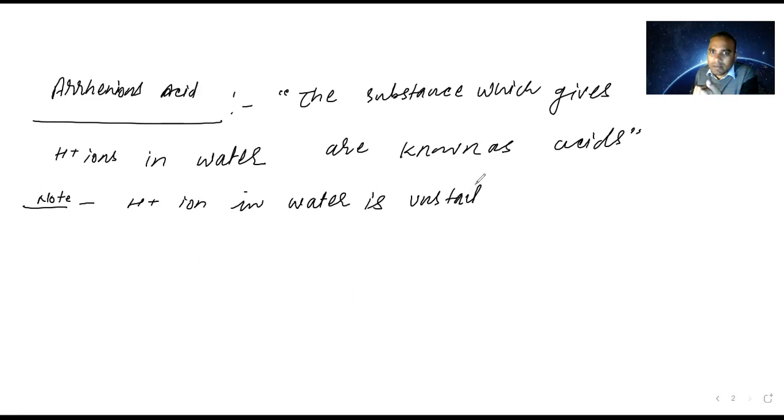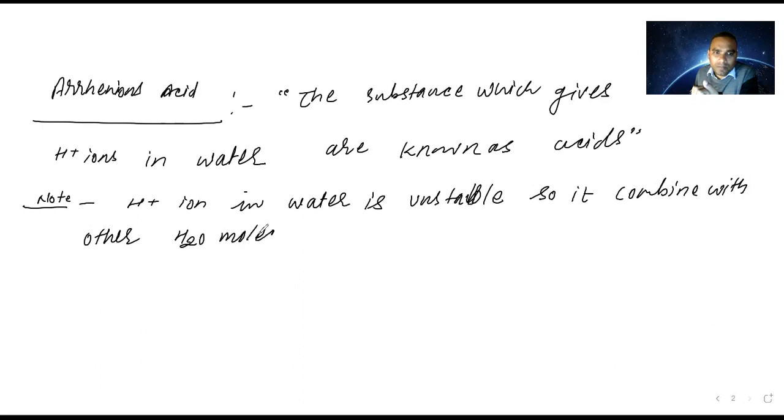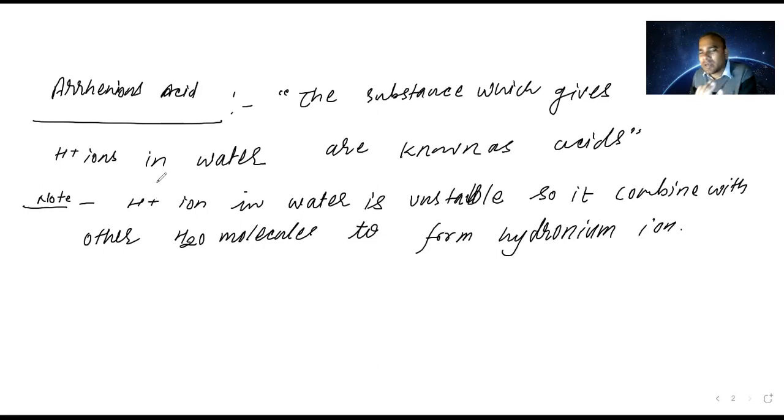So it combines with another water molecule, another H2O molecule, to form hydronium ion. So H plus ion generally does not exist by itself. We write it that way, but it exists in the form of H3O plus. I'll explain it in detail.